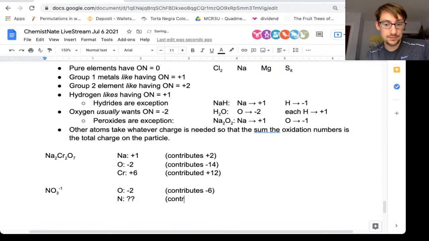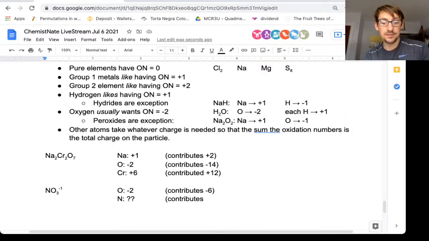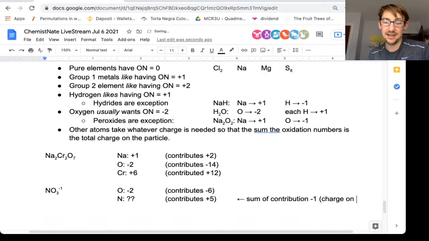Well, I need the sum of these contributions to be -1, not 0, -1. Therefore, this has to contribute just +5. Note, the sum of those contributions is -1, which is the same as the charge on the particle. That's like the trick here.